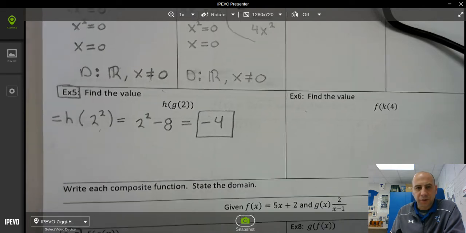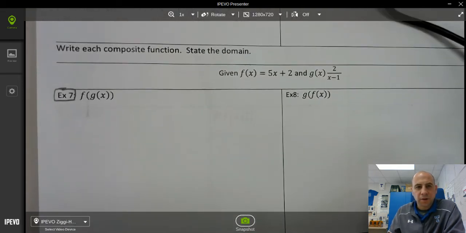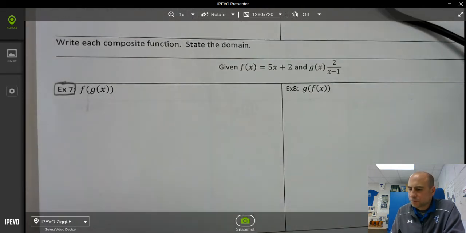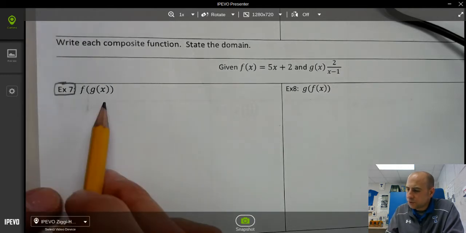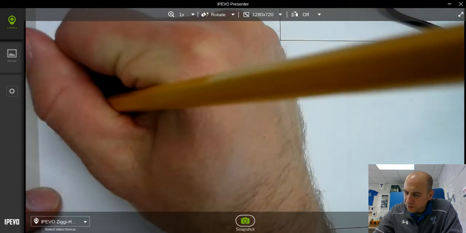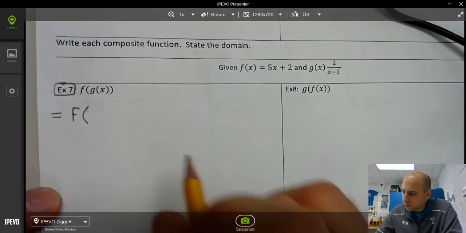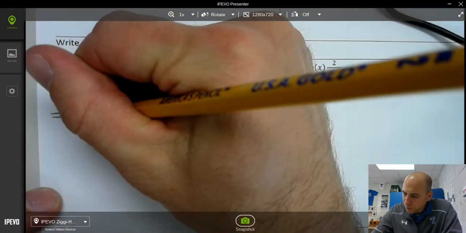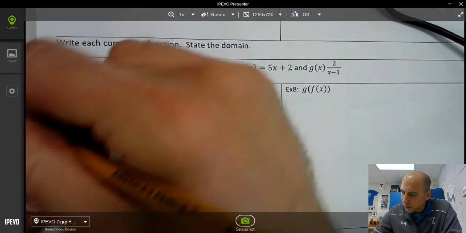All right, so now let's look at example 7. It says write each composition function, state the domain. So that's f(g(x)). g of x is 2 divided by x minus 1.